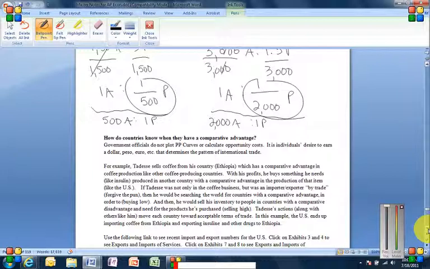The reality is that it's very difficult for a country like the United States, which has a ton of coffee consumption on a daily basis and a ton of coffee drinkers, to produce its own coffee, because typically the highest quality coffee can be produced best at high elevations and at a latitude around the equator.